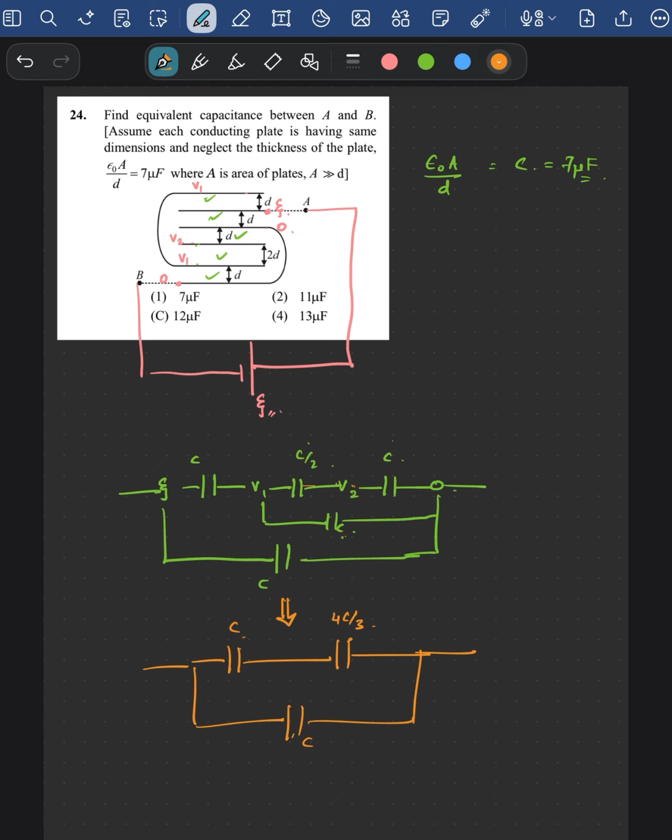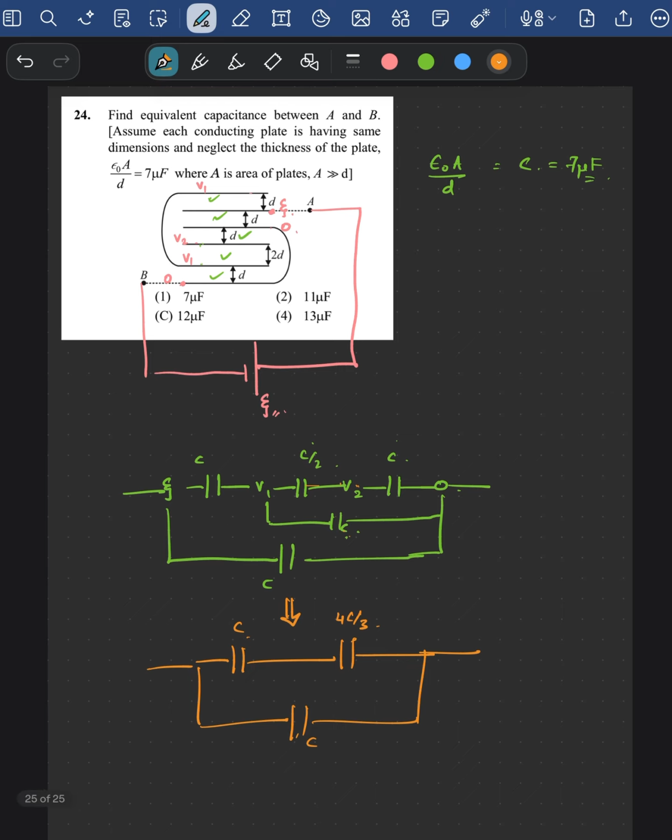C and 4C by 3 are in series, so what will be the effective capacitance? C into 4C by 3 divided by C plus 4C by 3. This effective capacitance will become equal to 4C by 7. Now 4C by 7 and C are both in parallel to each other, so the effective capacitance will become equal to 11C by 7.